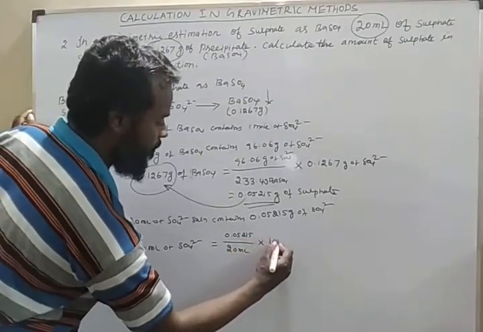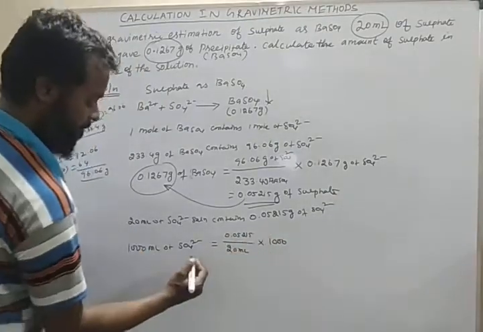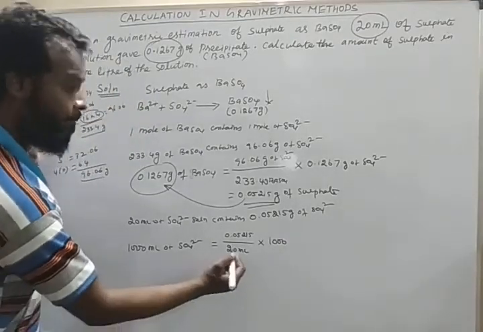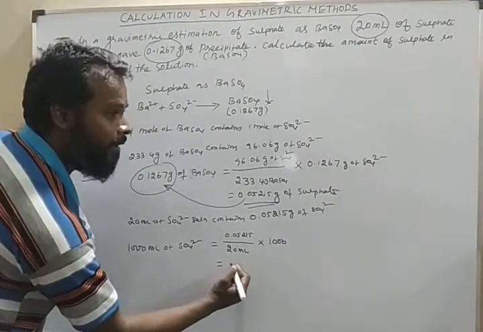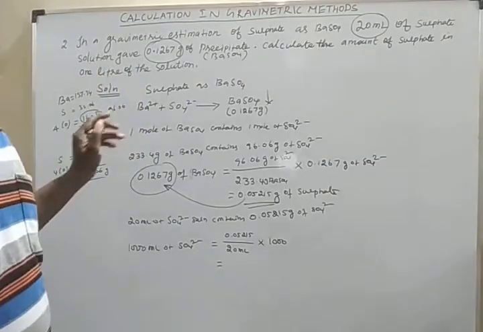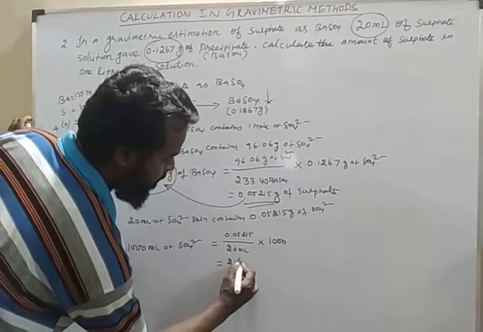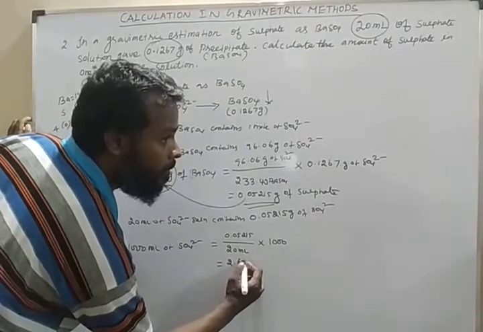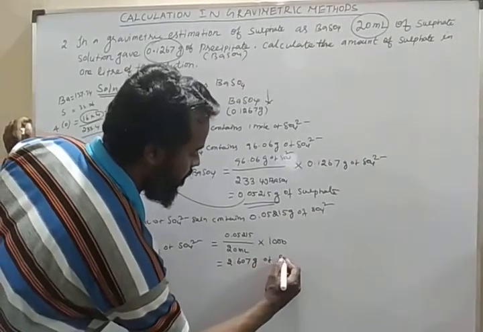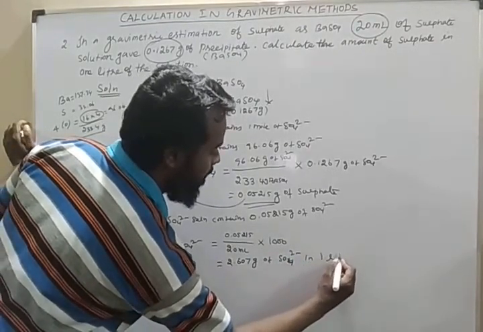What is the amount of sulfate present in 1000 ml? If you multiply this, we will get the value for this problem. You multiply this, you get the value that is equal to 2.607 gram of sulfate in 1 liter.